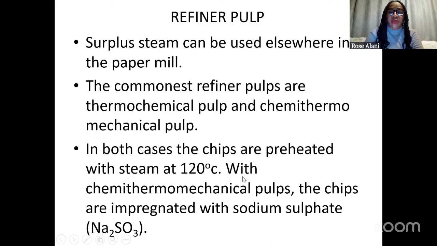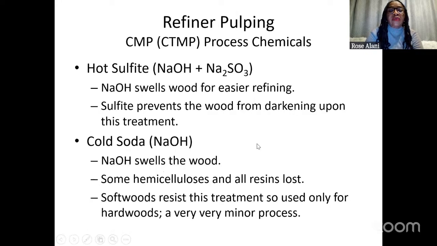So you heat it, chemi-thermo. You soak it in that solvent, in sodium sulfite solution, and then you heat it and then move it to the refining section, crushing.